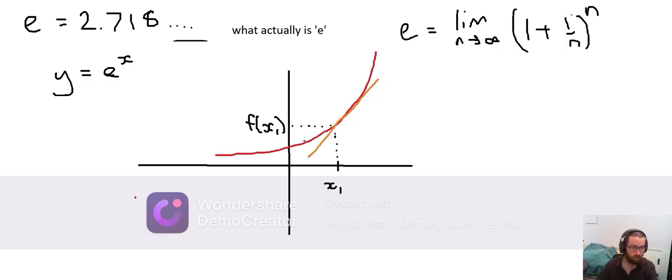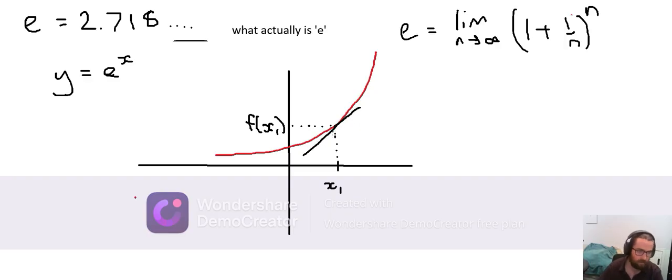Now, there's a lot of ways that we can do this, but one way is what's called differentiation by first principles. And that is to take that exact definition of differentiation and prove it that way. So let's say I've got some value x1 that I want to differentiate. I need to find the tangent at this point.